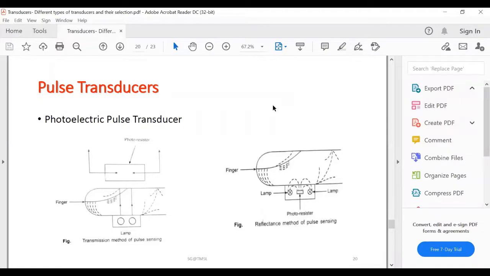Basically, each time our heart muscle contracts, blood is ejected from the ventricles. Consequently, pulse pressure is transmitted through the circulatory system, and this pulse causes vessel wall displacement while traveling through the vessel.